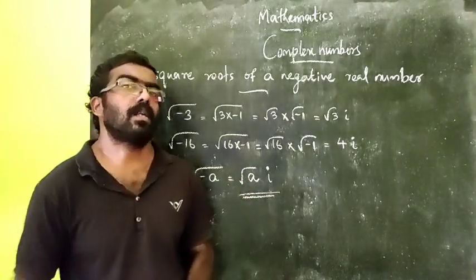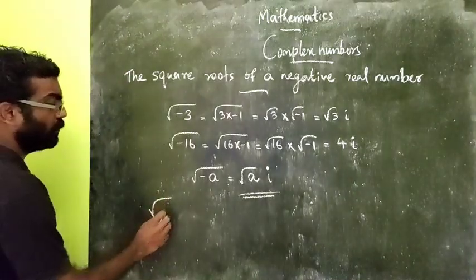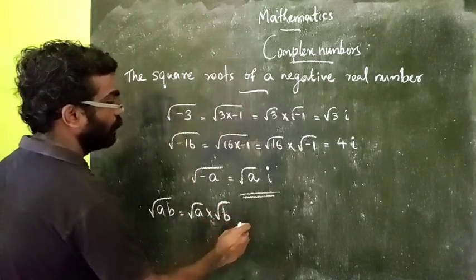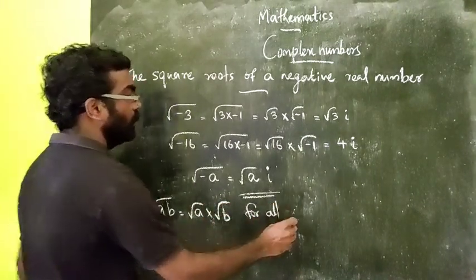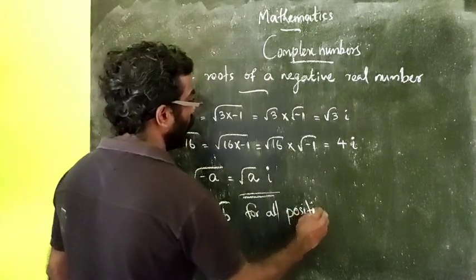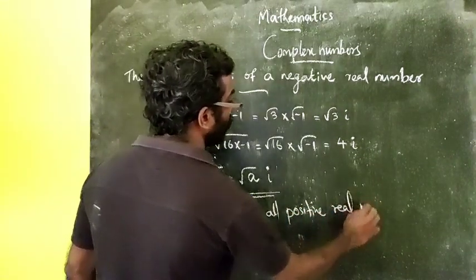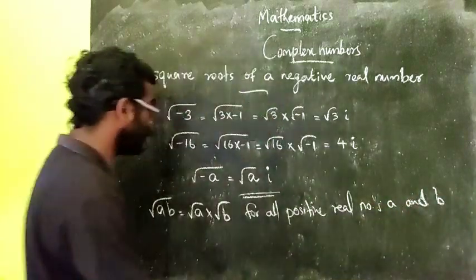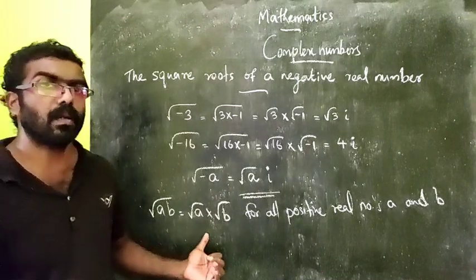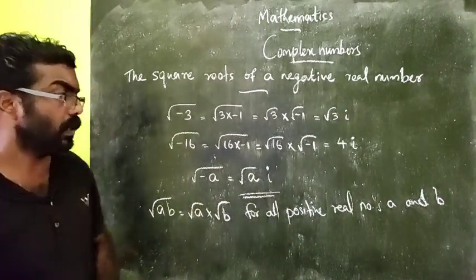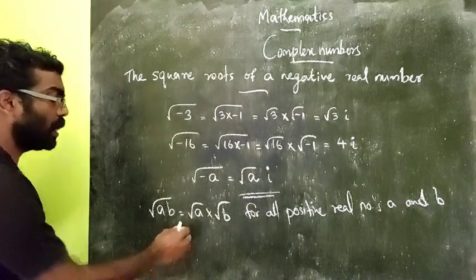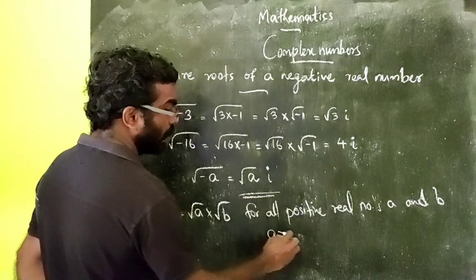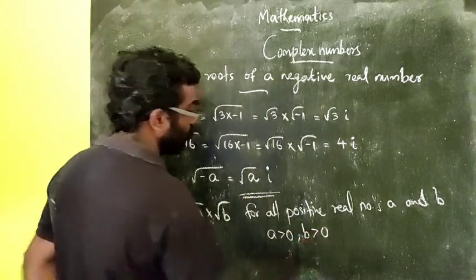For a positive real number a, root of minus a equals root a into i. Clear? And we already know the formula, root of ab equals root a into root b for all positive real numbers a and b. I think in 9th standard you have learned this concept. This is true for all positive real numbers a and b, that means a greater than 0 and b greater than 0, both are positive.